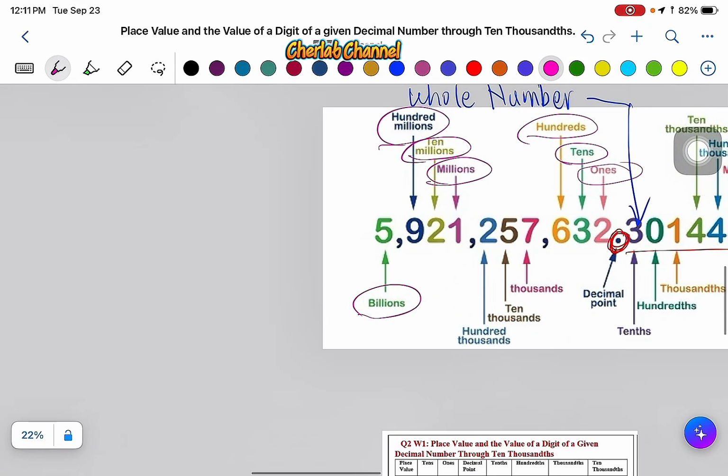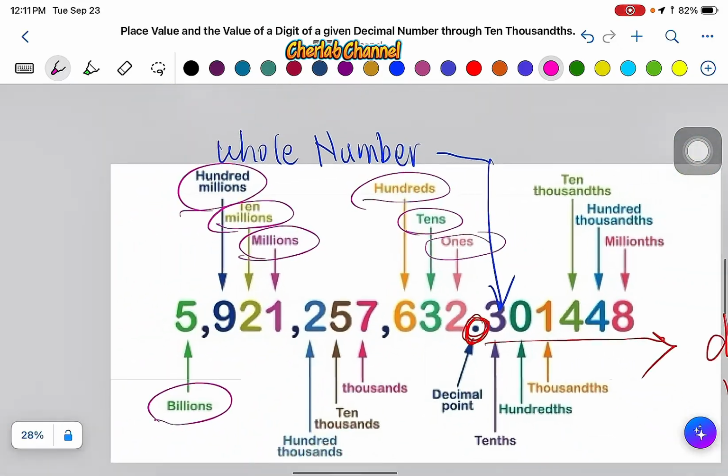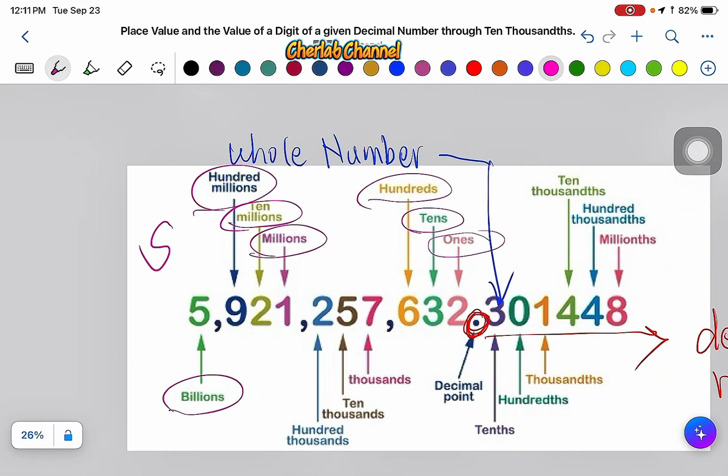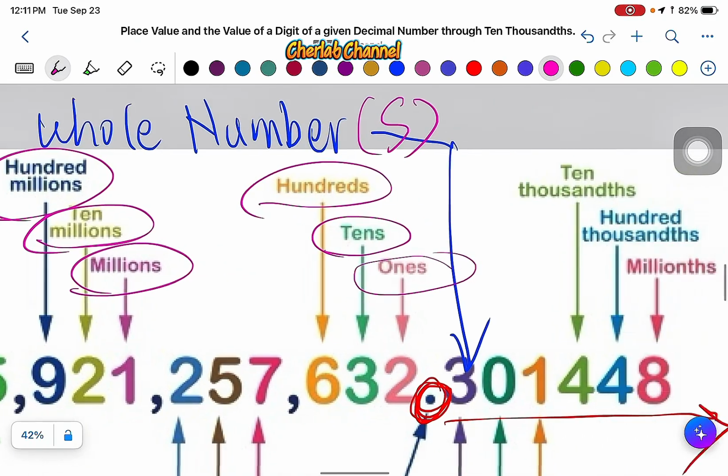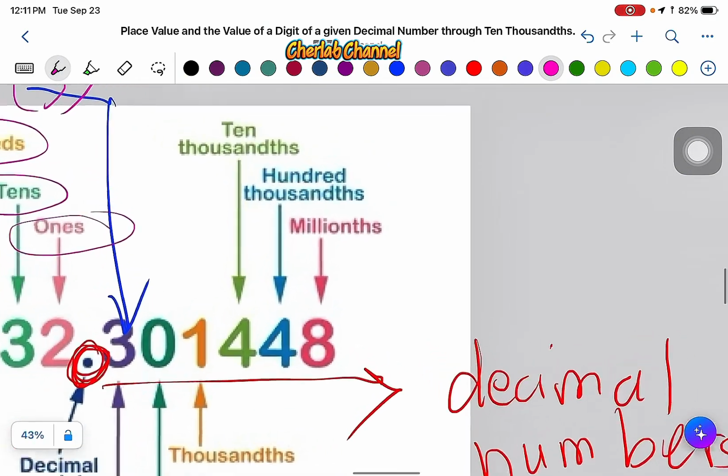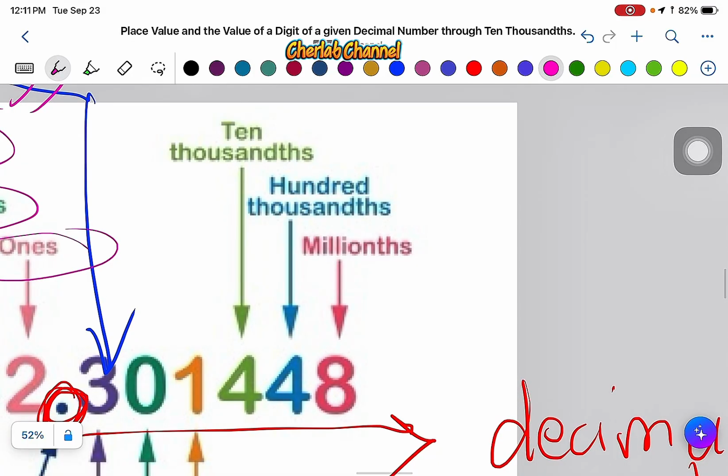What did you notice? They all end in letter S. Whole numbers end in letter S. While numbers after the decimal point end with, what did you notice?